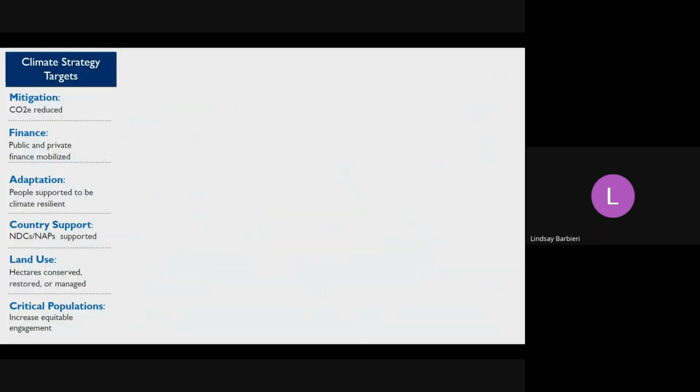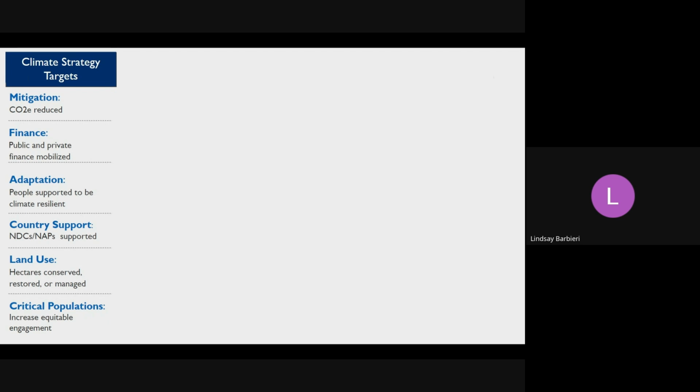And even more broadly, from the geospatial perspective and from the GeoCenter, we're able to provide a lot of geospatial support across a broad range of climate action for the agency. When we think about the climate strategy that Larissa situated us with, we can think about targets from a range of mitigation, finance, adaptation, country support, land use, and critical populations.